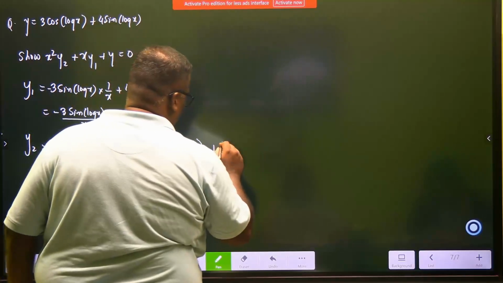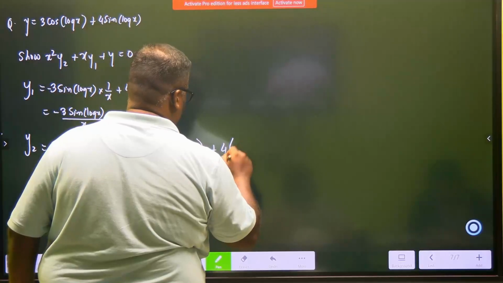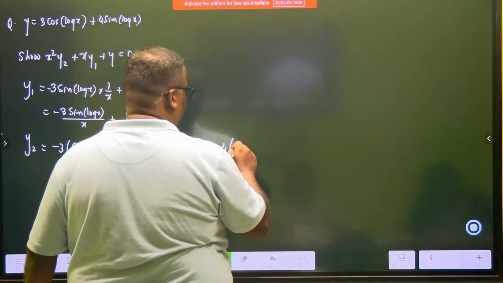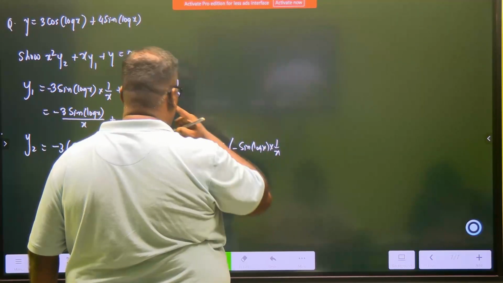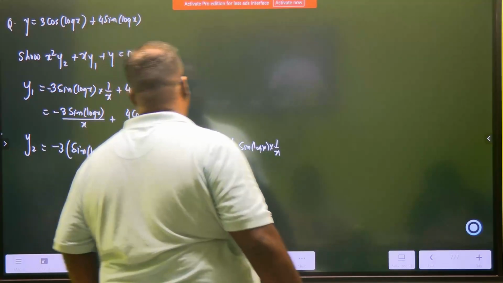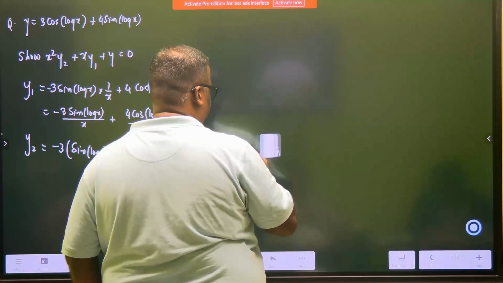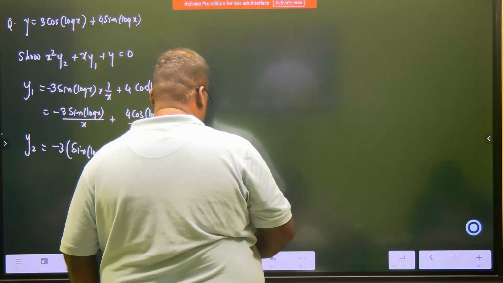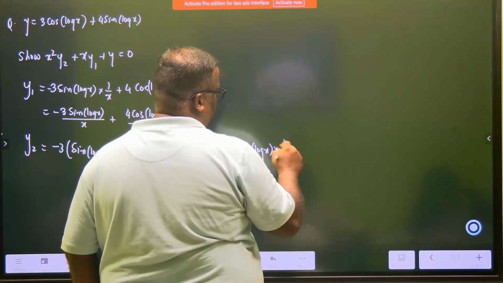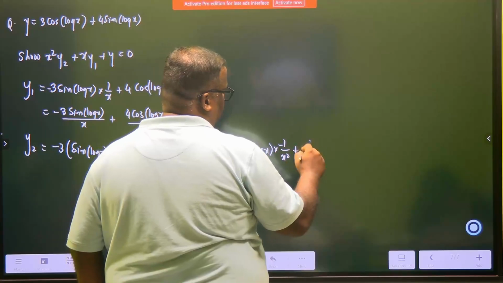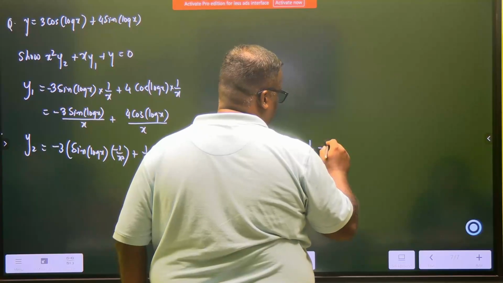Similarly here, 4 is taken outside. Then first function cos log x multiplied by differential of second function, plus second function into negative sine log x into 1 upon x.